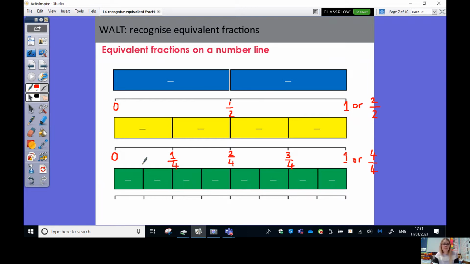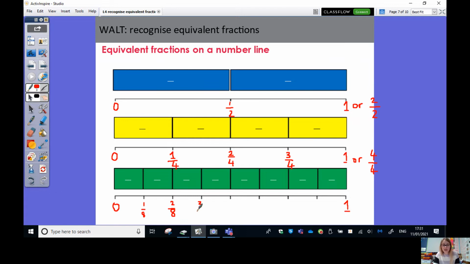Okay, final one. So I want you to count now. 1, 2, 3, 4, 5, 6, 7, 8. So I'm counting in 8s this time, but I need to start with something down here, which is a 0. Fantastic. And up here, I need to put my 1 whole. So it's in 8s this time, so I'm going to count 1/8. Next will be 2/8. Well done if you're counting along with me.